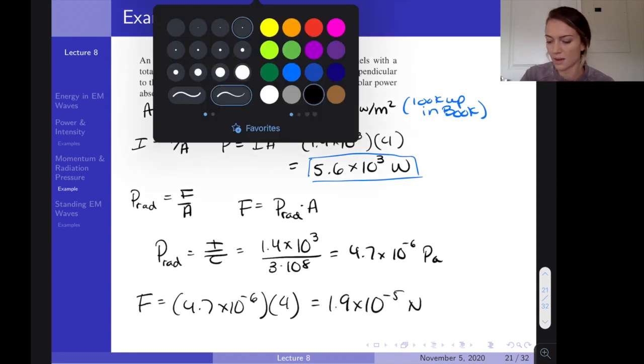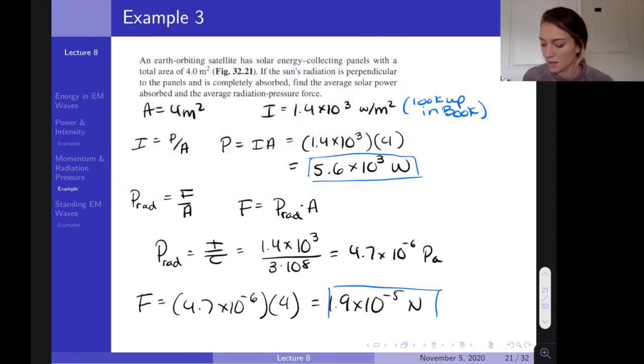So that's obviously not very big, but when you're talking about satellites that could be in orbit for like years, this can actually have an effect. So anyways, I know the wording of this question was a little bit weird at the end, and you just have to be very careful of all the averages versus instantaneous.